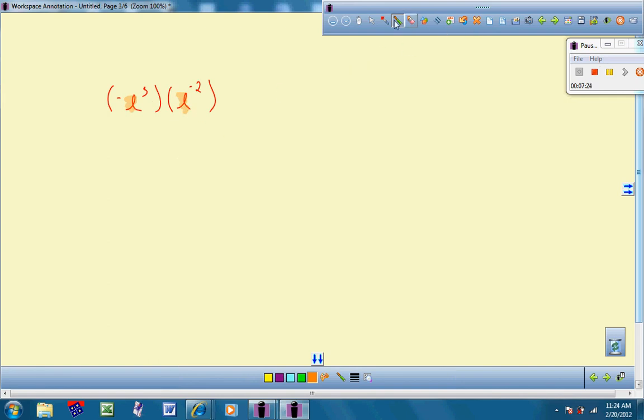So we would get e, and we need to add those exponents. 3 plus a negative 2 is going to give me 1. But since one of my e's is negative, I need to bring that negative out. So we get negative e to the first, or just simply negative e.